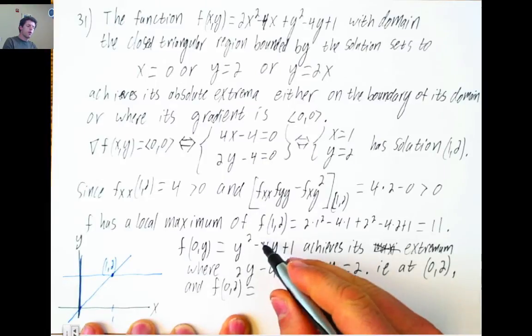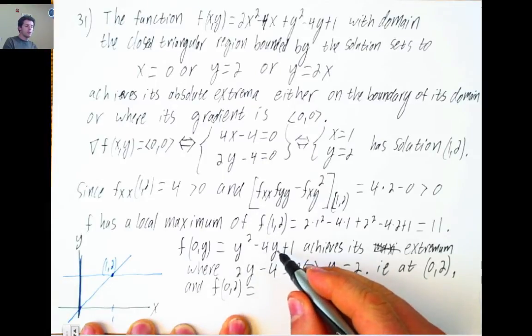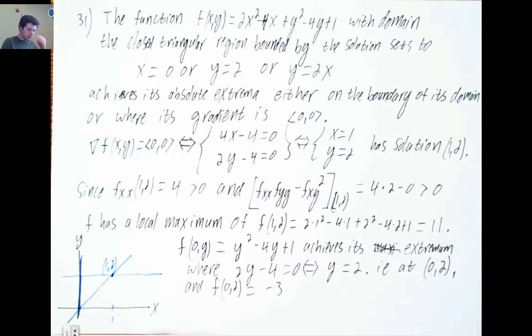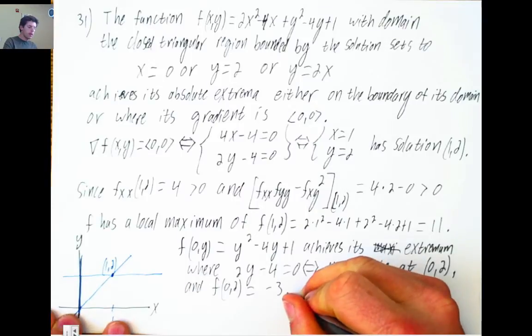So that's 4 minus 4 times 2. So that's negative 4 plus 1 is negative 3. Okay, that could be a global maximum, it could be a global minimum, or it could be neither.